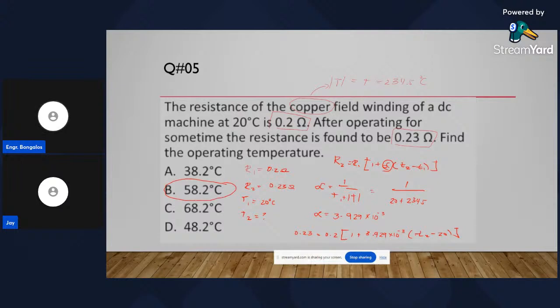58.2. Yan yung sagot natin. Check natin using calcu, pakita ko sa inyo.